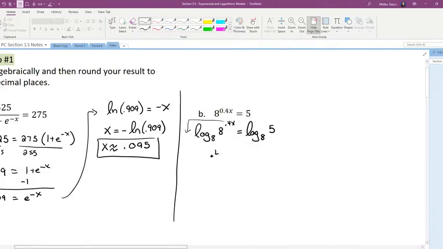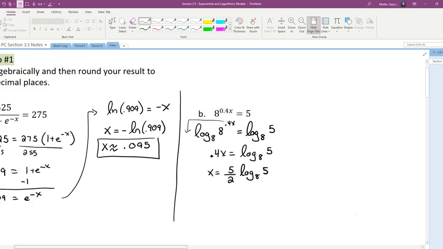So I am left with 0.4x equals log base 8 of 5, and then x equals dividing by 0.4. I don't like dividing by 0.4, and I certainly don't like 1 over 0.4. So let's think about what 0.4 really is, which is 2/5. So I'm about to divide by 2/5, which would be the same as multiplying by the reciprocal, which would be 5/2. All right, so there's my answer.